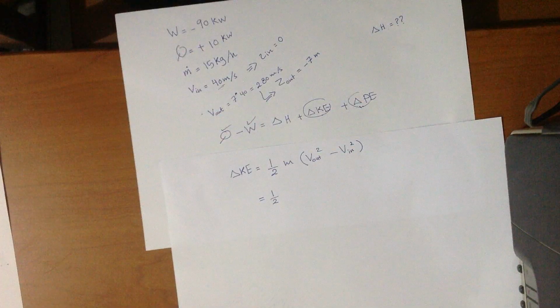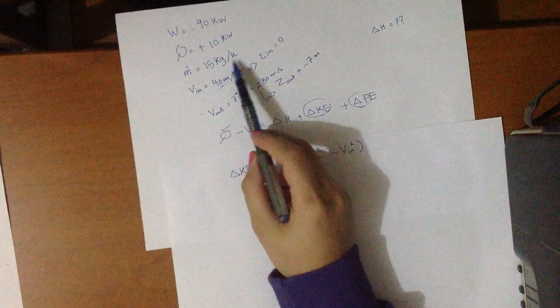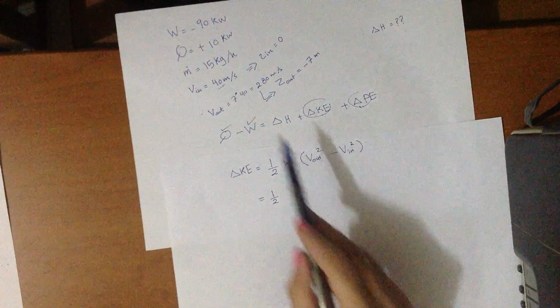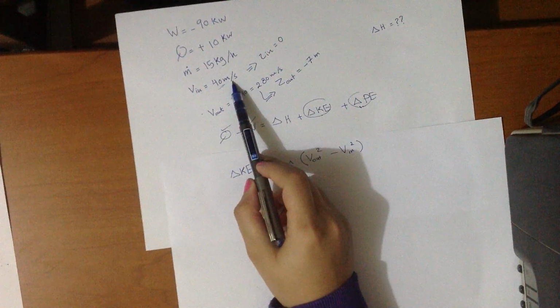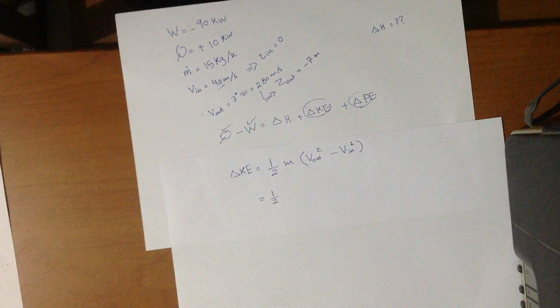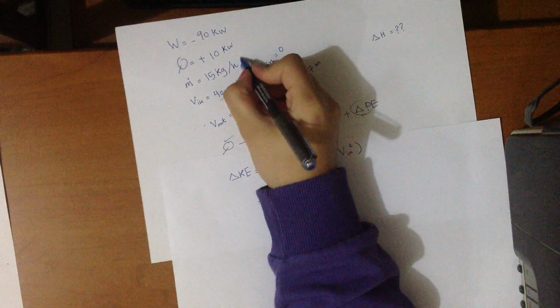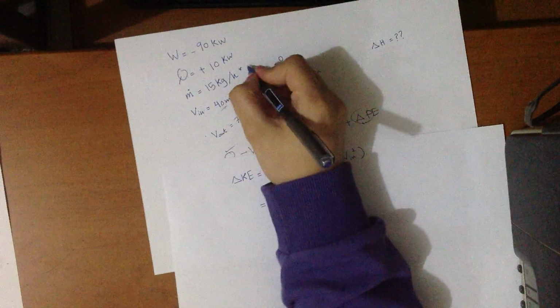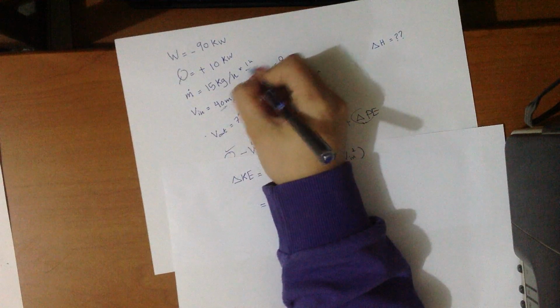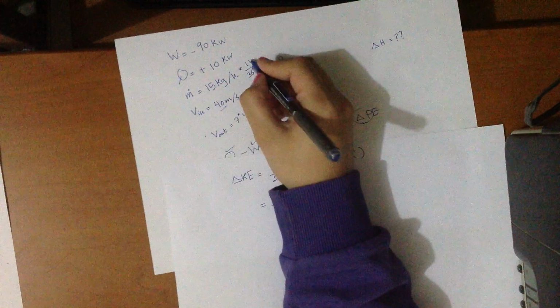We have to be careful about the units. The mass here is in kilogram per hour, and the velocity is in meter per second. So the units of time are not the same. We have to convert this one to seconds, so we multiply it by 1 divided by 3,600 seconds.